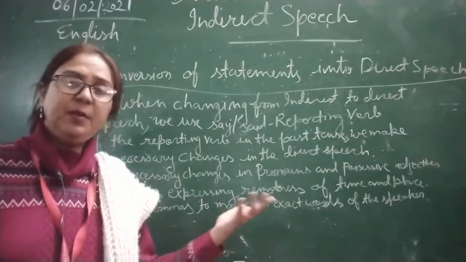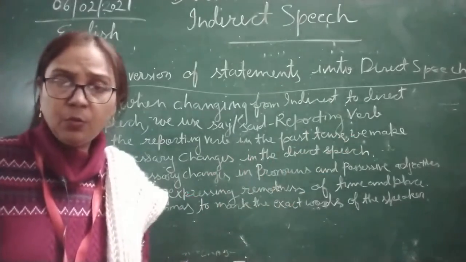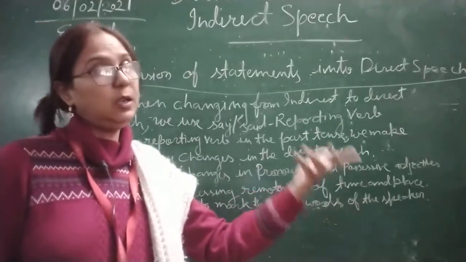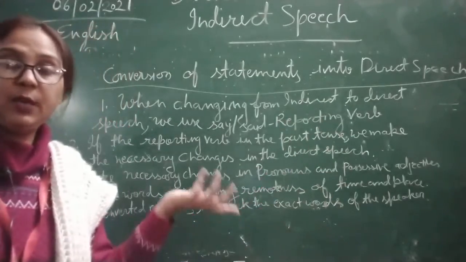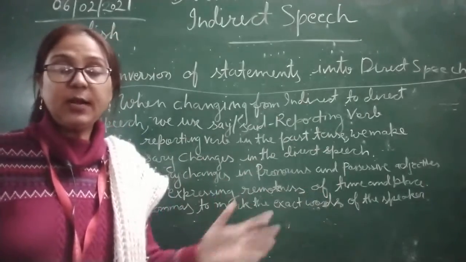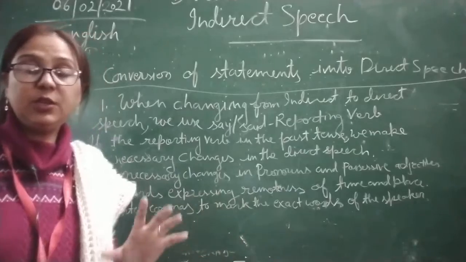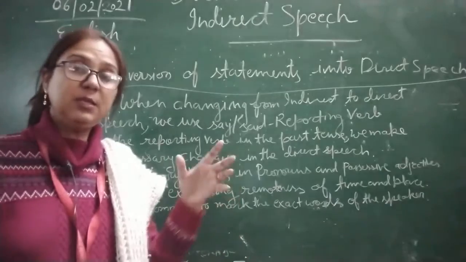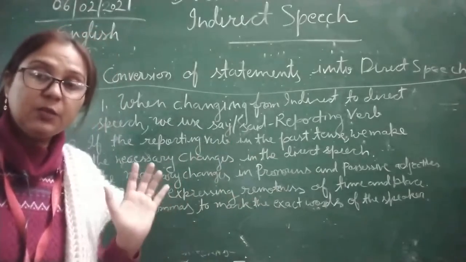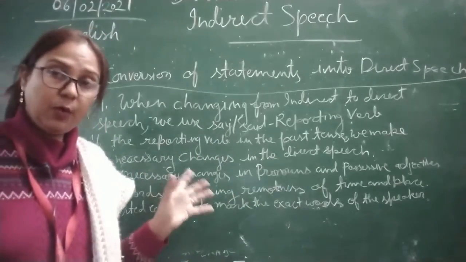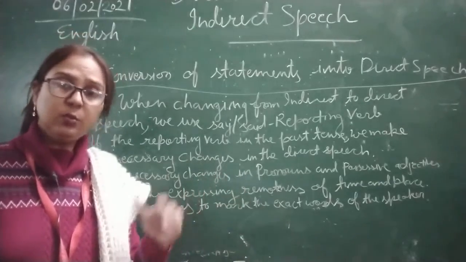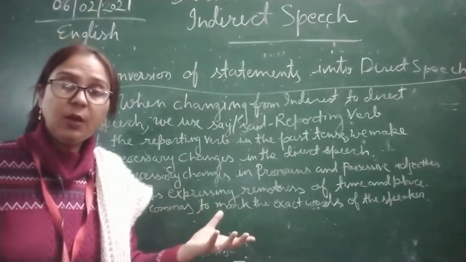So he becomes I, and as for the necessary changes, in the evening will remain the same because we are not talking about today or tomorrow or yesterday. So the time and place is not changing. Whatever the time is, evening, we will write evening the same. So these types of things we will follow while making direct to indirect or indirect to direct. Same thing will be followed.